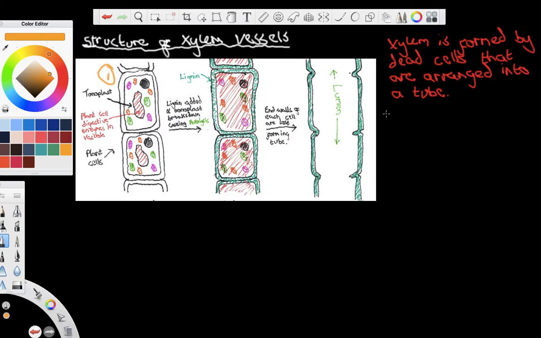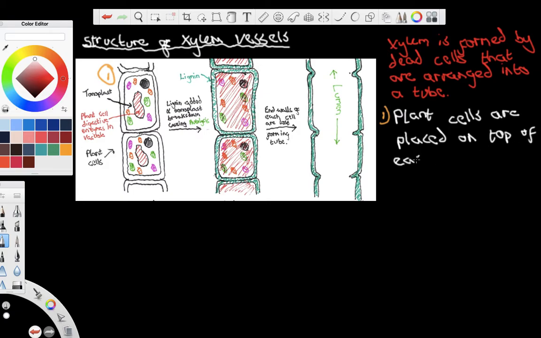So number one, we can say plant cells are placed on top of each other end on end. Okay, so we've got these plant cells being placed on top of each other end on end.